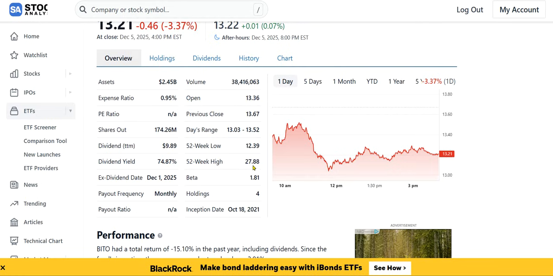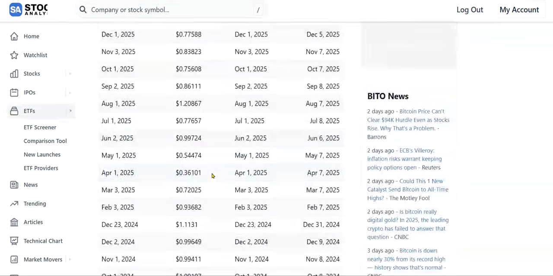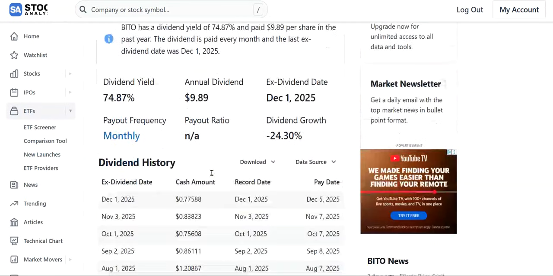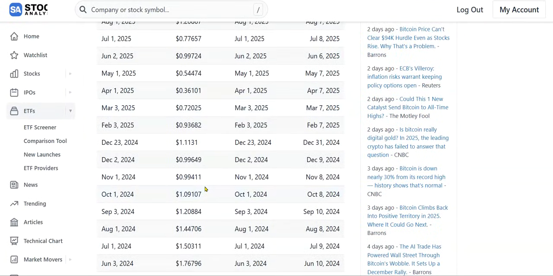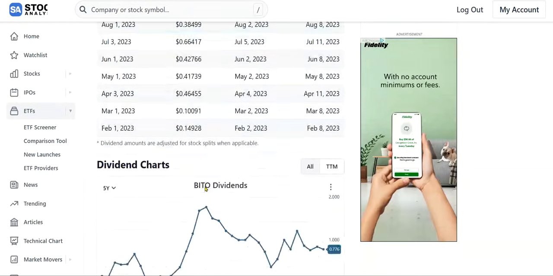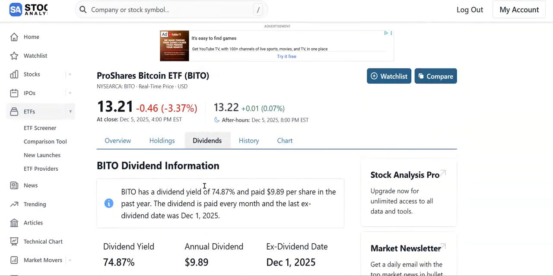The 52-week high was 27, and it's above its 52-week low right now. Inception date was a few years back, right? So $13. It's paying pretty decent for monthly payout. It's pretty decent.